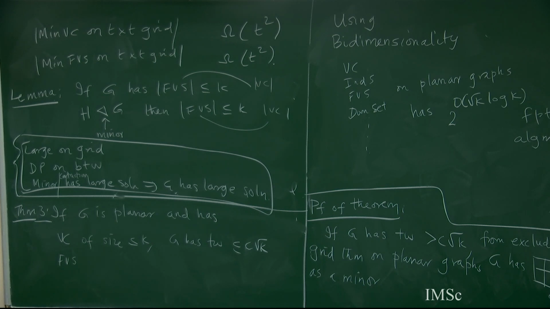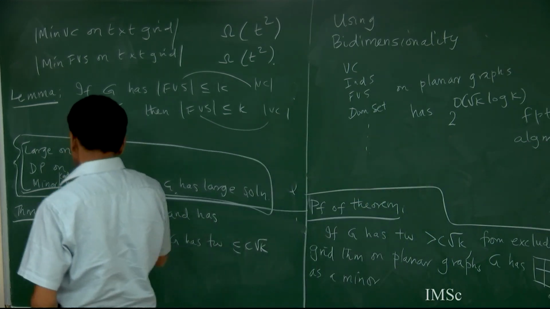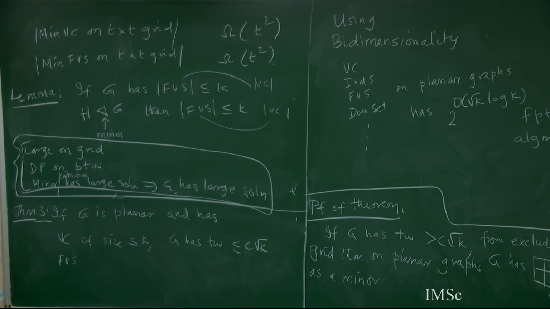The proofs of these theorems are quite involved. Okay, I think that's one round of tree width and how we can use tree width.